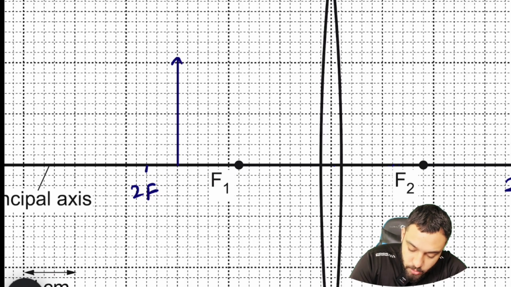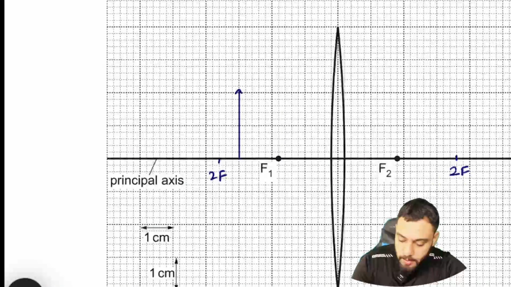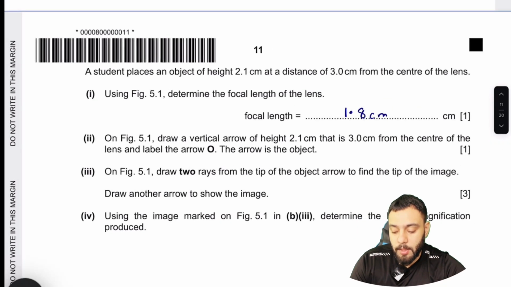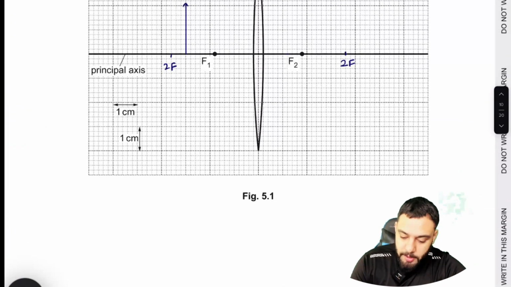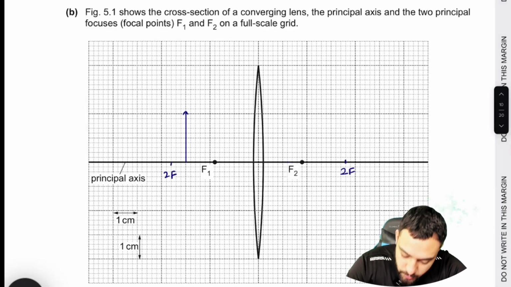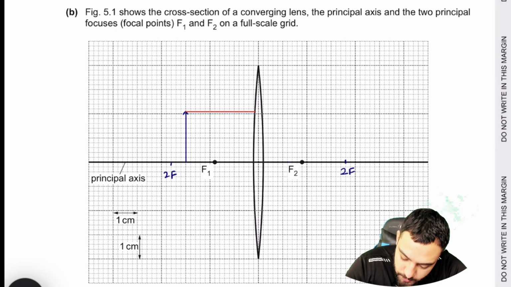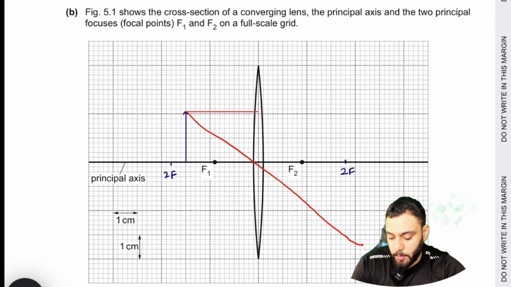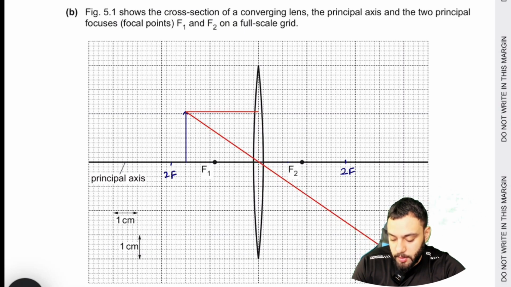I'm going to make an arrow to it, and then they're asking to draw two rays from the tip of the object to make the image. So let's make the image as well. Let's take two rays, one straight horizontal ray, and a second ray that would pass through the optical center undeviated.